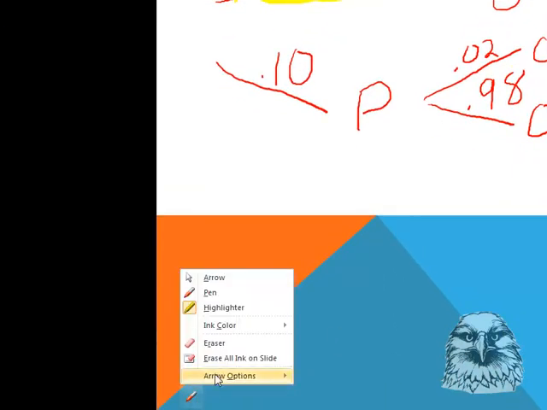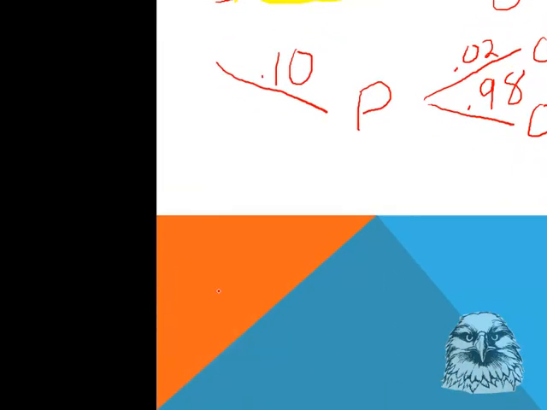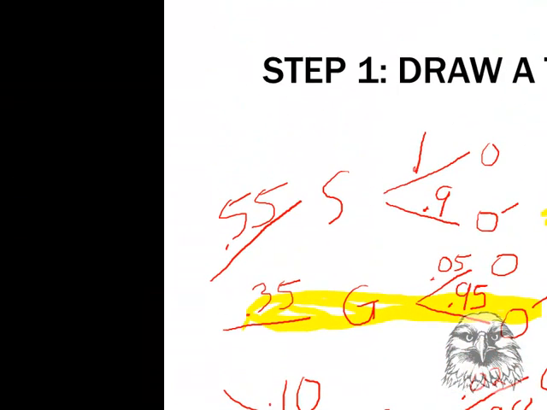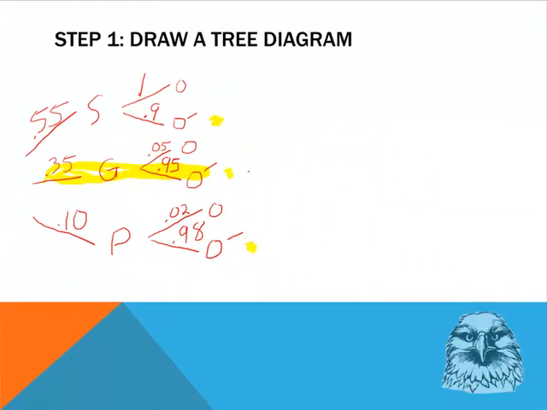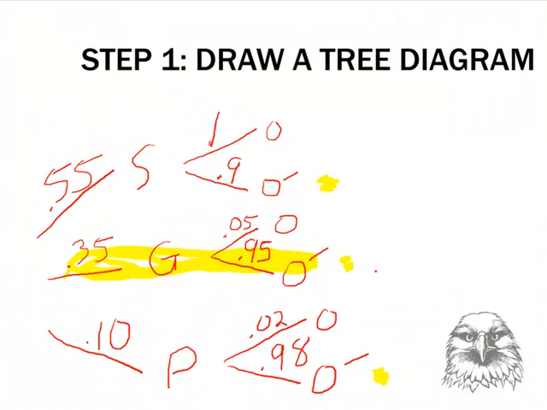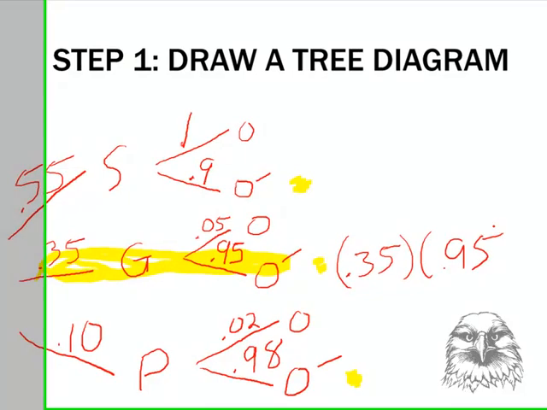So let's just go ahead and write this out right here on the slide. Change my pen here again. So the probability of gold and not overdue is going to be 0.35 times 0.95.